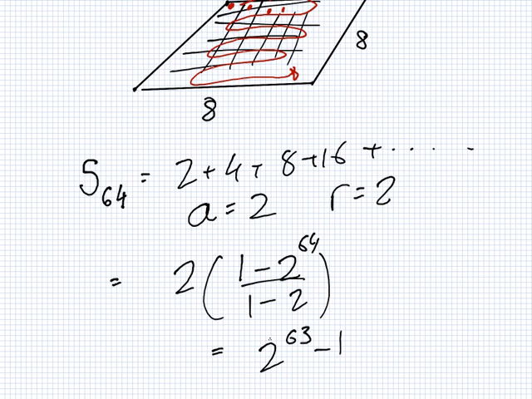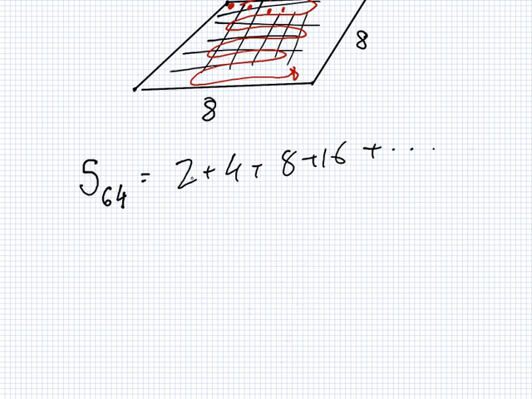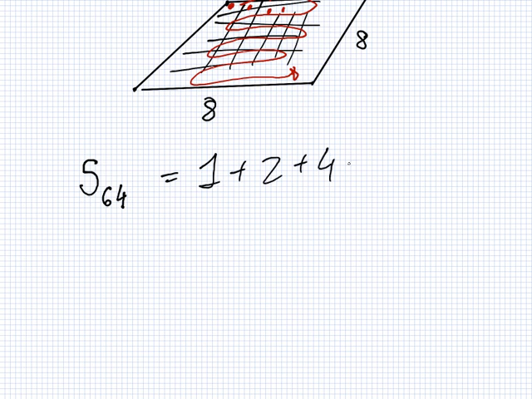Oh, you start with 1. I'm sorry. 1 plus 2 plus 4 plus 8 plus 16. A is 1 and R is 2.